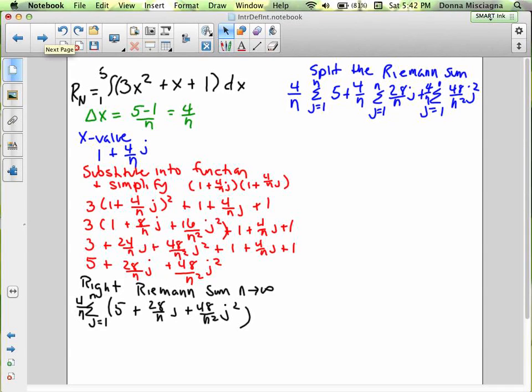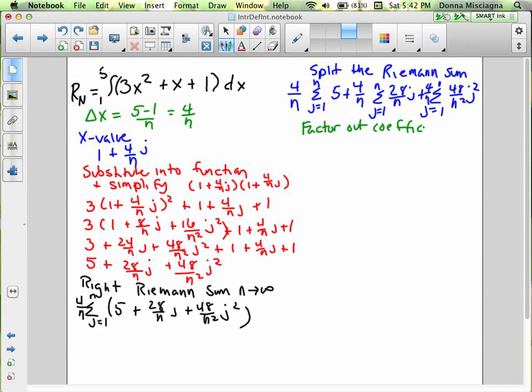Now we're going to factor out the coefficients. Nothing to do with the first term: 4 over n sigma j equals 1 to n of 5. No coefficients there. We can factor out the 28 and the n, that's the coefficient on j.